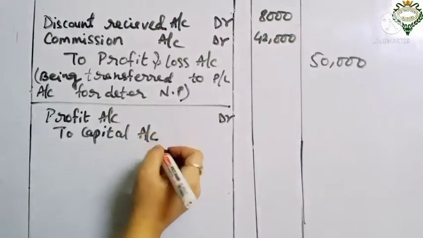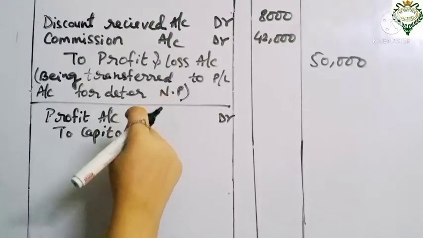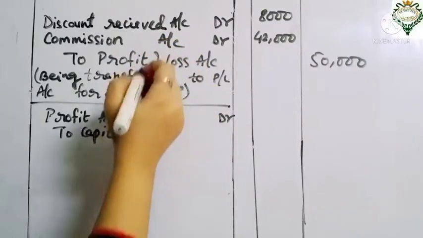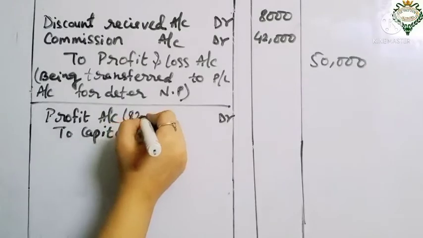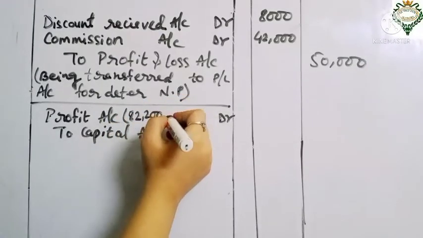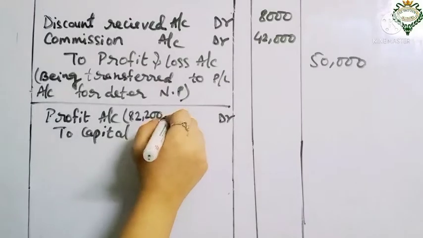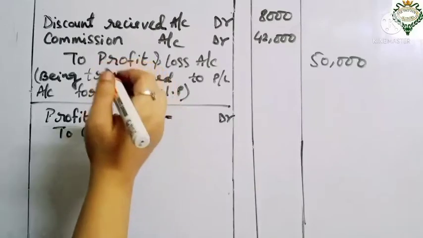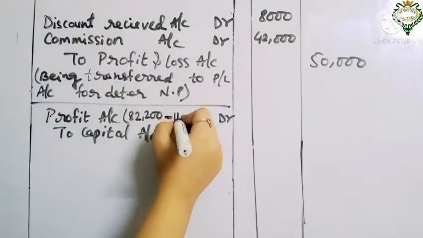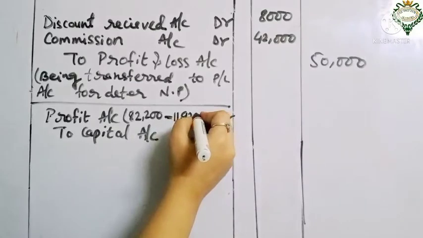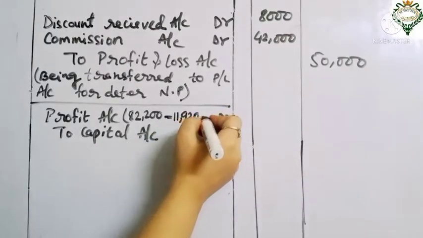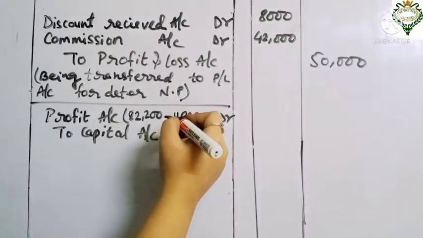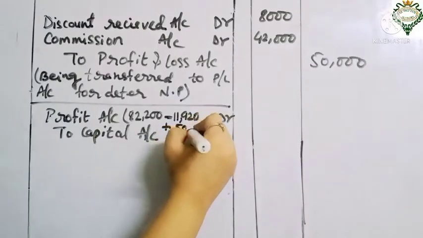So how we will get the net profit, students? The profit and loss account that has been transferred from the trading account, that is 82,200, okay. Got it? Then next, the expenses that we have incurred and transferred from profit and loss, the expense was 11,920 that we have transferred to profit and loss account, that we have to subtract, and then we have to add the income that we have transferred to profit and loss account, that is 50,000, okay.